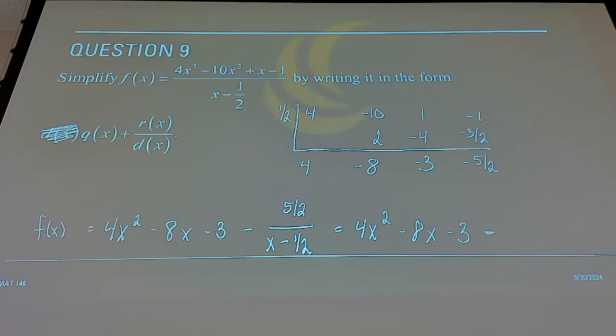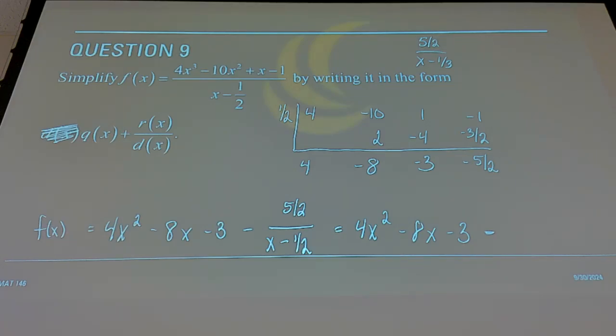How do you simplify a complex fraction? You just put the 2 in the numerator and the denominator. Why 2? Distribute it. So what if it was this instead? So then it'd be 5 over 2 times x minus 1/3 on the bottom.